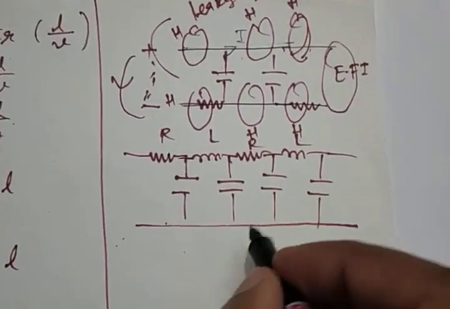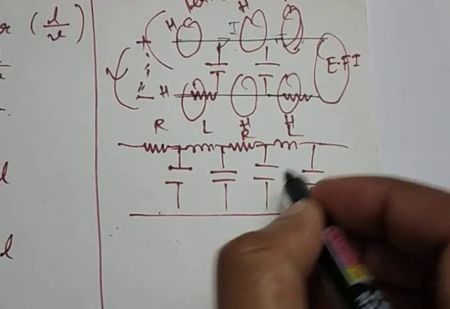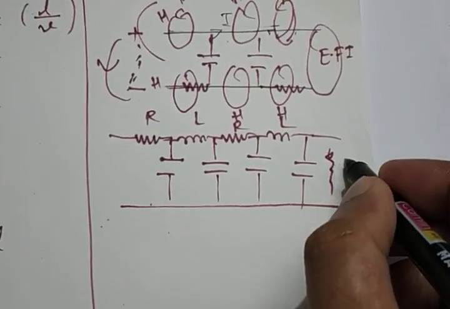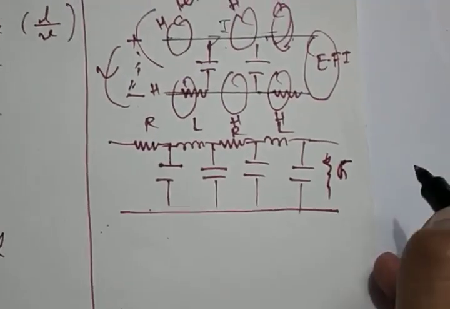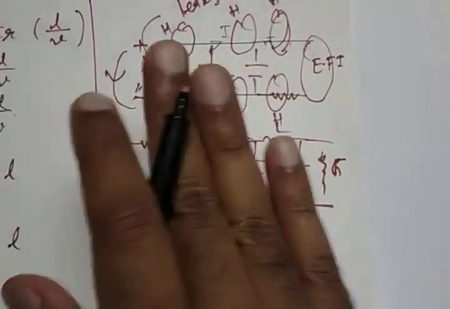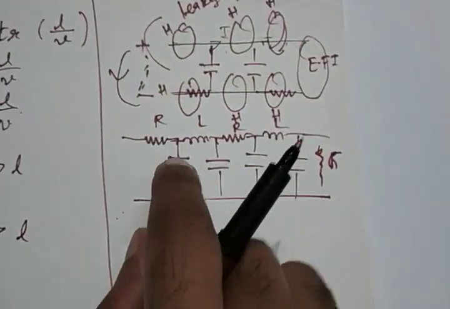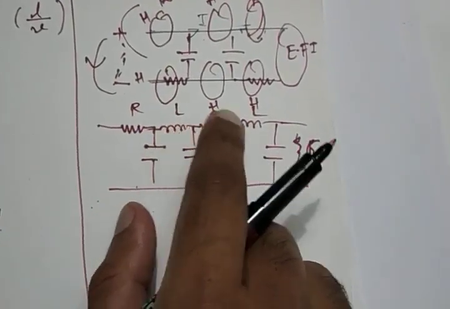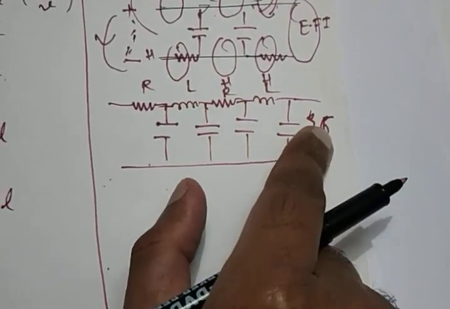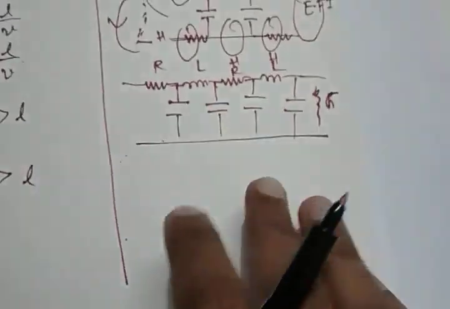So along with that, we will also have conductance present in the circuitry. For the whole circuit we may have resistance, inductance, capacitance and conductance. That we will see in a separate diagram.